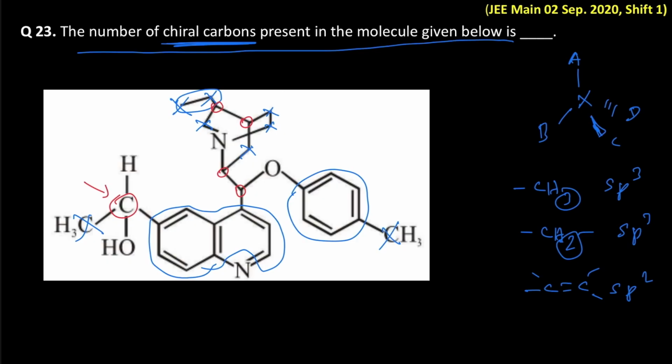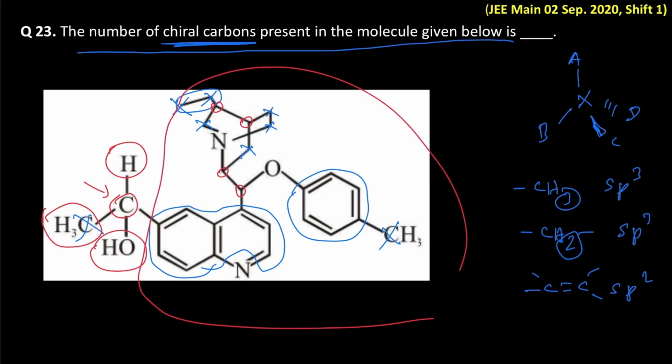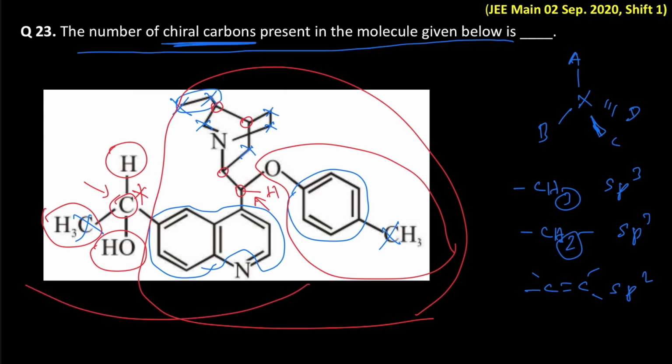Obviously, this one is chiral because we have a hydrogen, we have an alcohol functional group, we have a methyl group, and then this entire unit can be considered as one unit. So, therefore, it is indeed chiral. And then how about here? We have a hidden hydrogen, and then this is one unit, and this one is another unit, and the rest of the thing we can consider as one unit.